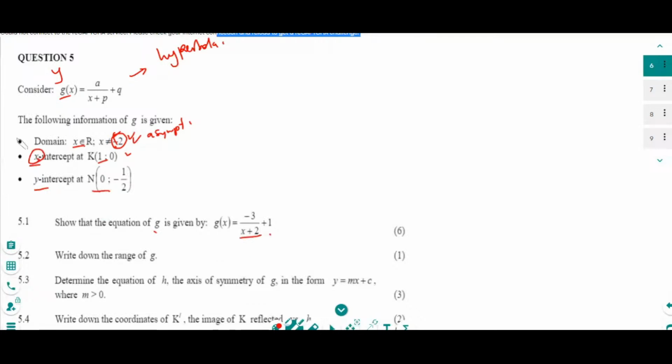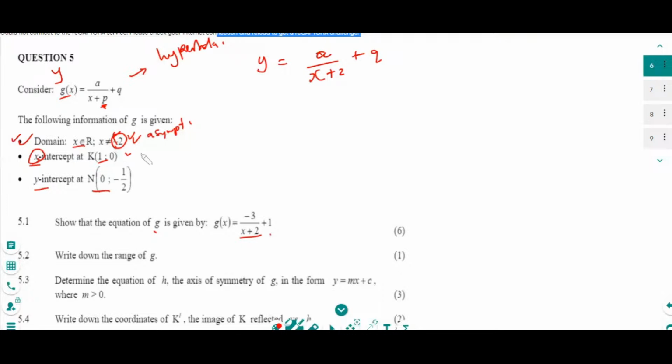Okay, so from the first set of information given, we can replace p with these two. So which means our y is equal to a over x plus 2. Remember, we always change the sign. If it's positive here, then it will be a negative. If it's a negative here, then here it will be a positive. And then plus q. And then we can use a set of 2 points.